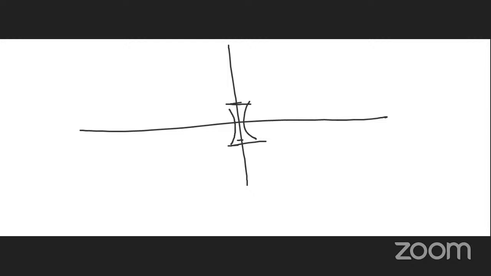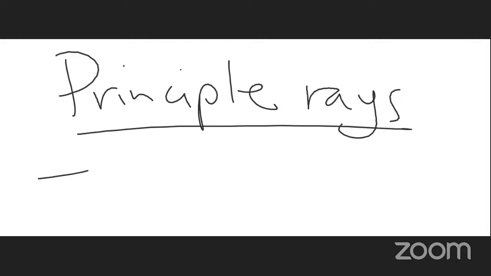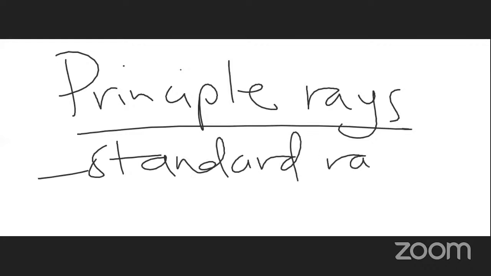Now, these ray diagrams in their construction follow the principal rays. There are three principal rays, also referred to as standard rays. They are rays that enable us to come up with a ray diagram.